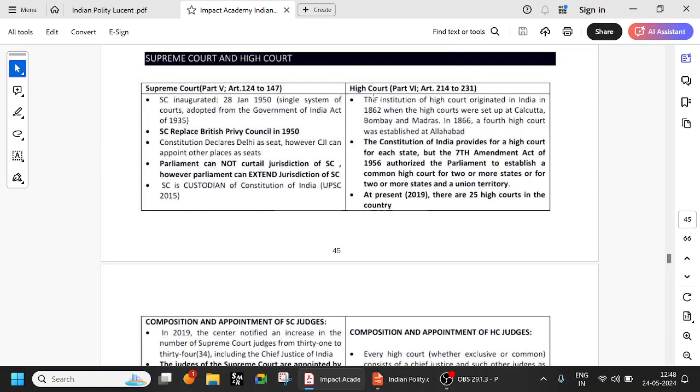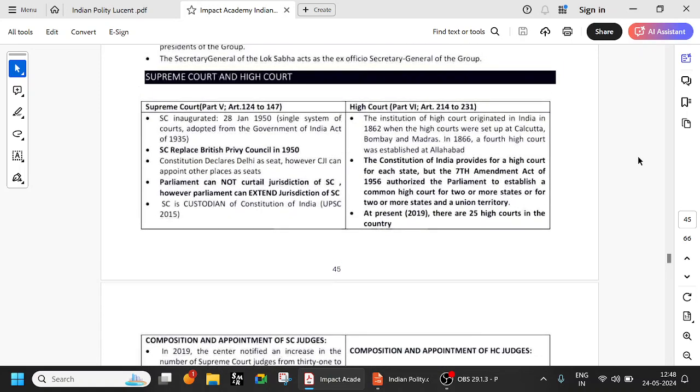So already in 1862 we have these High Courts, right? Calcutta, Bombay, and Madras. So they are older. Remember that Calcutta, Madras, and Bombay High Courts are 1862, and Allahabad High Court is 1866. So Allahabad is not the oldest.